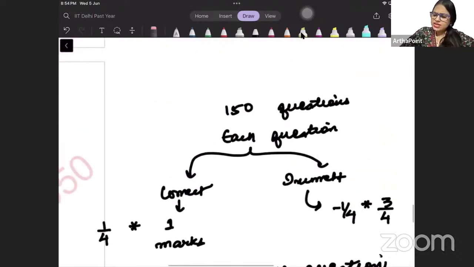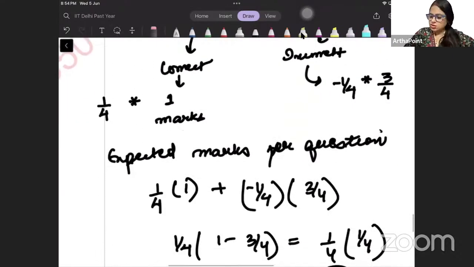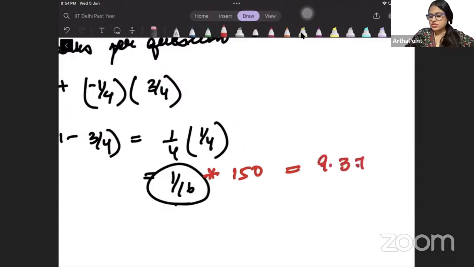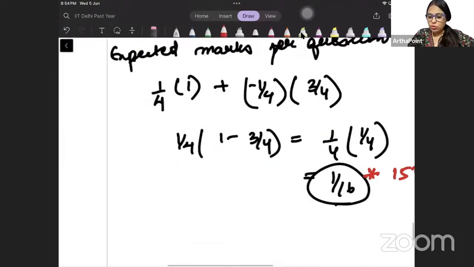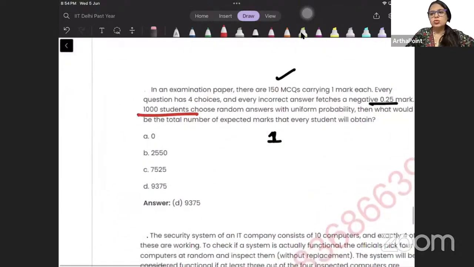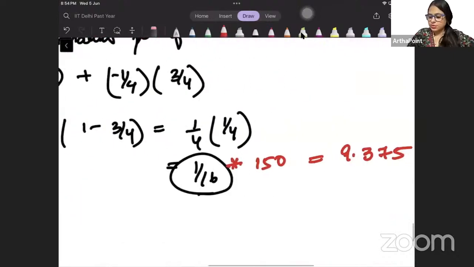Now, it says that there are 150 questions. So I will get the expected marks in 150 questions, right? So 1 divided by 16 into 150 is going to give me 9.375. And now it tells me that there are 1,000 students, so I will multiply it with 1,000.